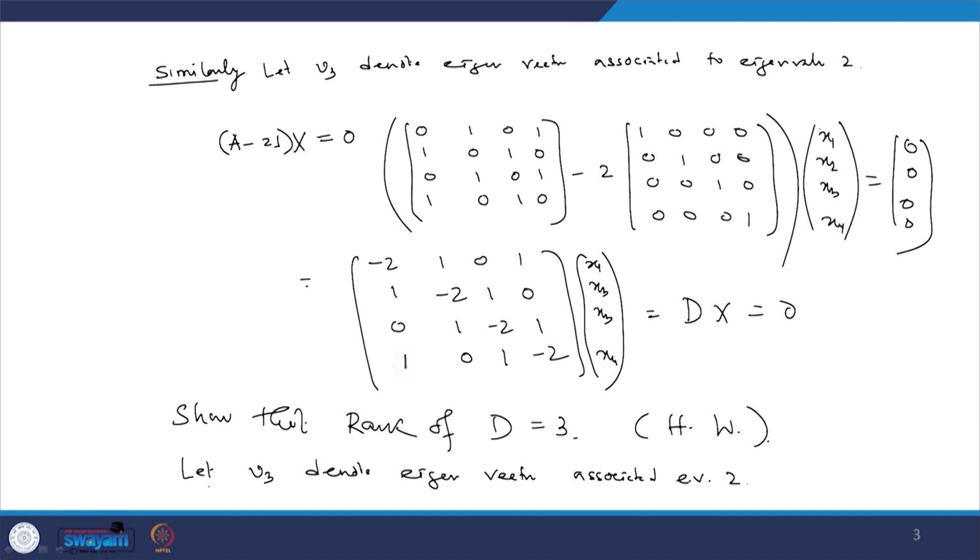And similarly, one can calculate V4, denoting the eigenvector associated to eigenvalue minus 2. Then I will have A V1 equal to 0 into V1, A V2 equal to 0 into V2, A V3 equal to 2 into V3, A V4 equal to minus 2 into V4.